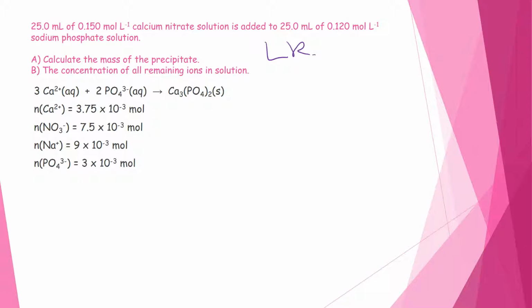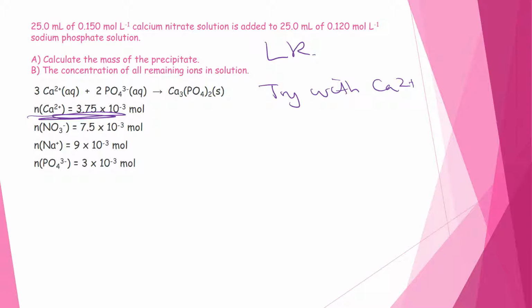And the best way to try a limiting reagent question is literally just to try it out. So I'm going to try mine out pretending that the calcium ions is the limiting reagent. So I'm going to have to find how many moles of phosphate ions would be used in this particular scenario.